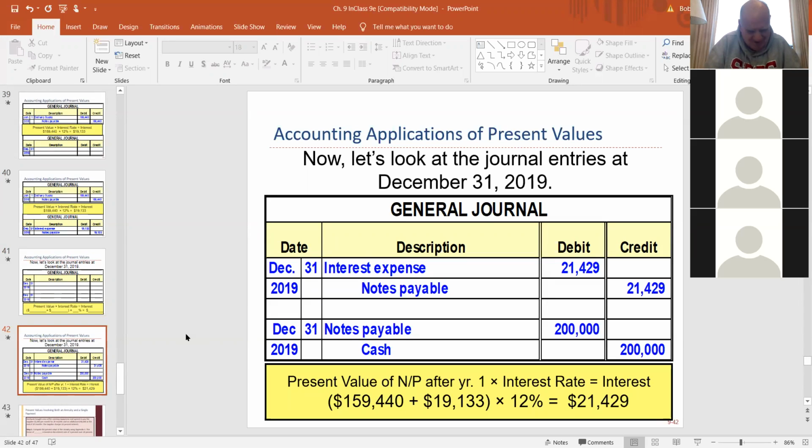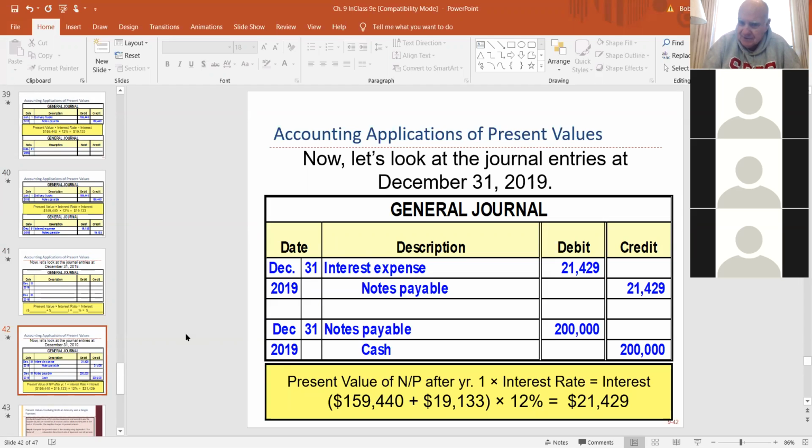Oh, I wasn't able to enter it as fast. Yeah, that's okay. We're pushing Dominic around today, huh, Suda? Here we go. $159,440 plus $19,133 plus $21,429. And that will give you, like Suda said, $200,002.